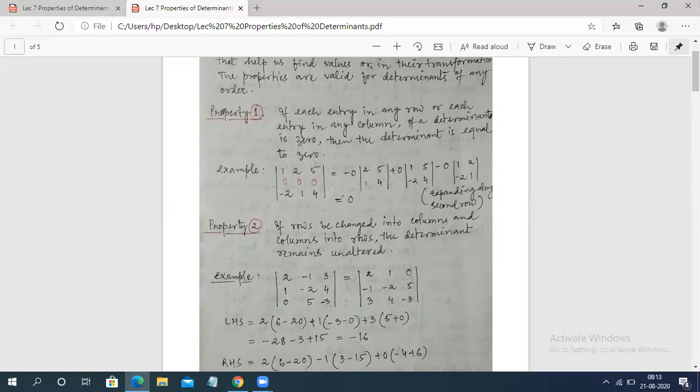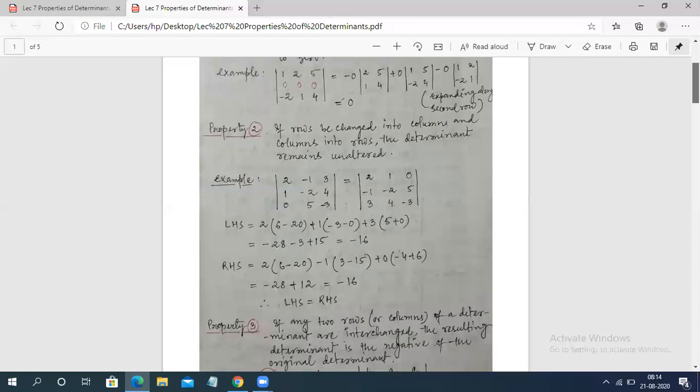Then you can see that the determinant values of these two are always the same. The left hand side determinant, you can find the value is coming out as minus 16, and the right hand side, after changing its rows into columns, the determinant value, if we find, will come out as minus 16. These two values are the same. That means if we change the rows into columns, the determinant value will remain unchanged.